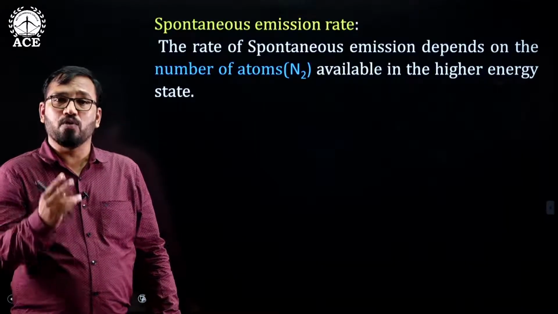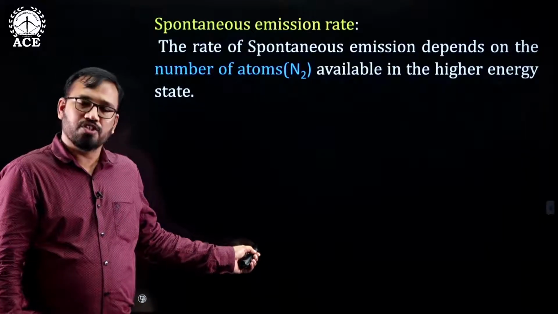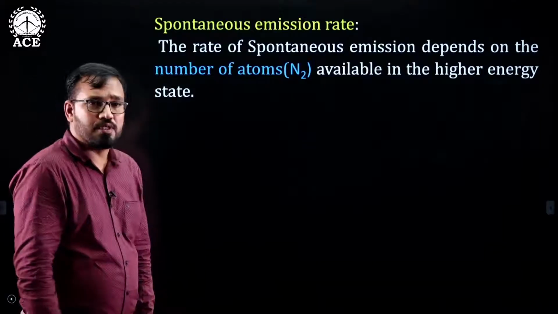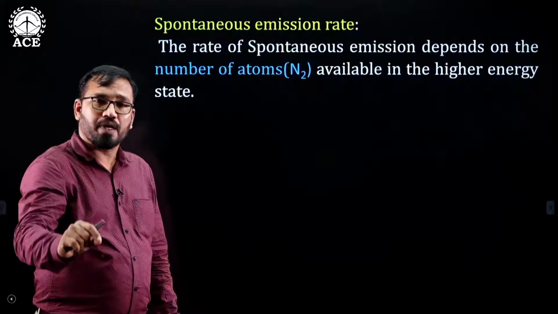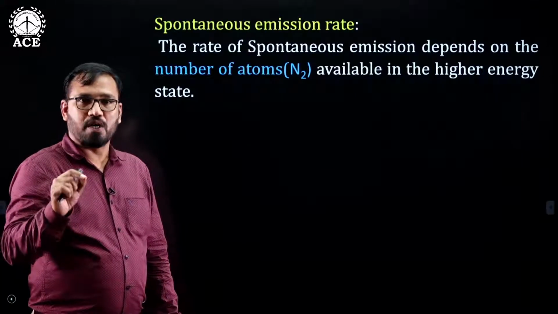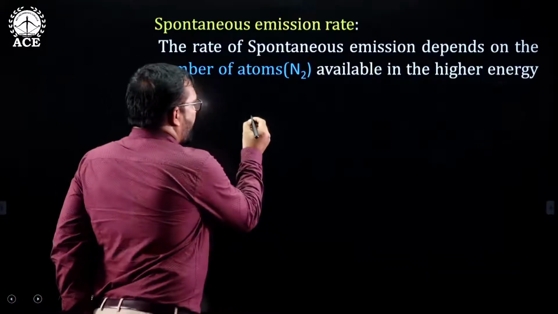So emission will be of two types: spontaneous emission and stimulated emission. First was stimulated absorption. Next, spontaneous emission: atoms come from the higher energy state to the lower energy state by themselves, spontaneously. See here, I am going to draw.